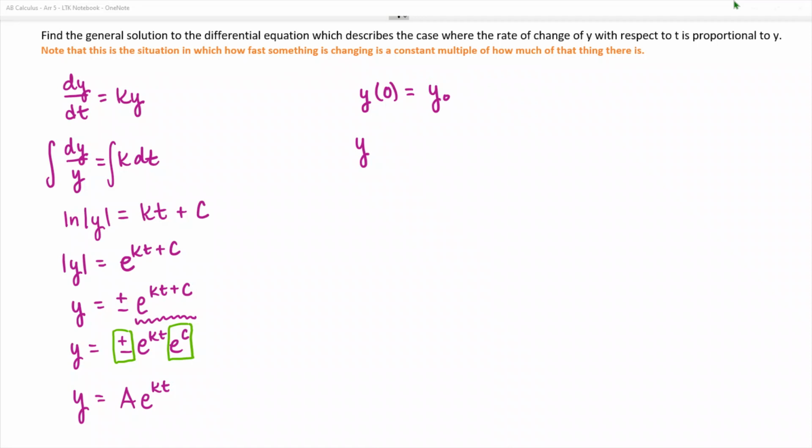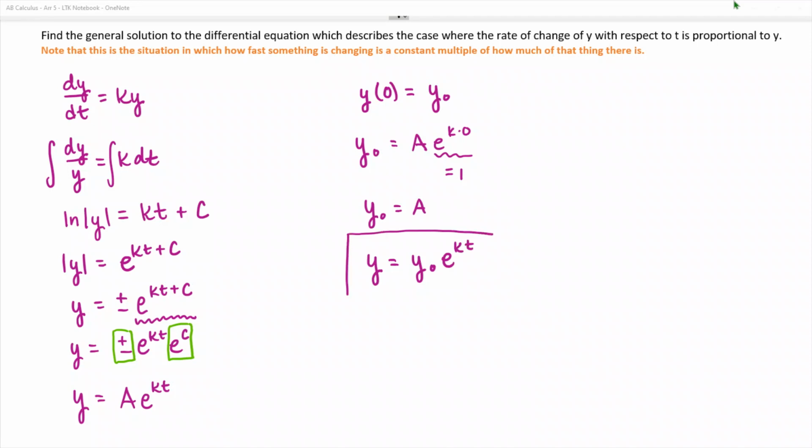We can say y naught would be equal to a e to the k times 0. e to the k times 0 is just 1. So y naught is a, which means that the solution to this differential equation, y, is just equal to however much of y there was at time 0 times e to the kt.